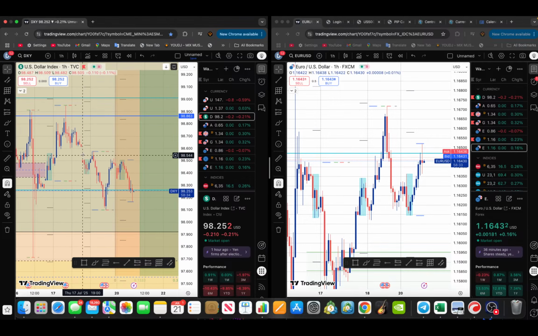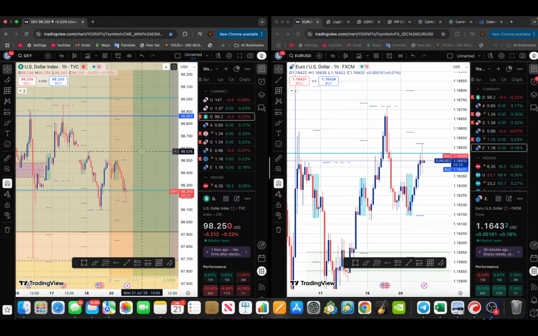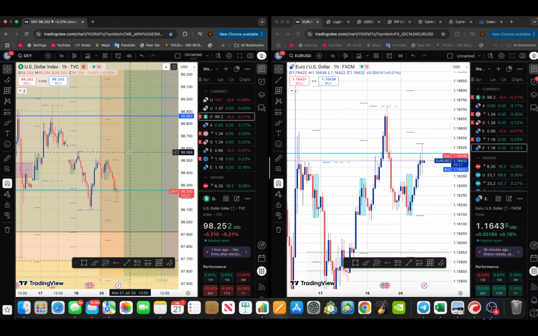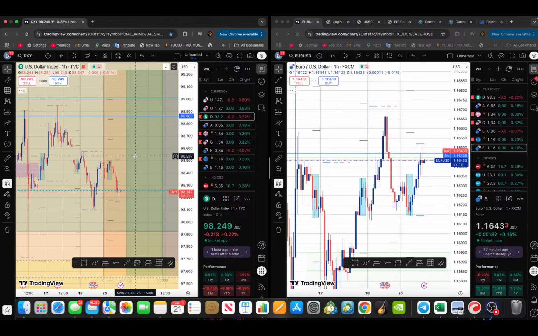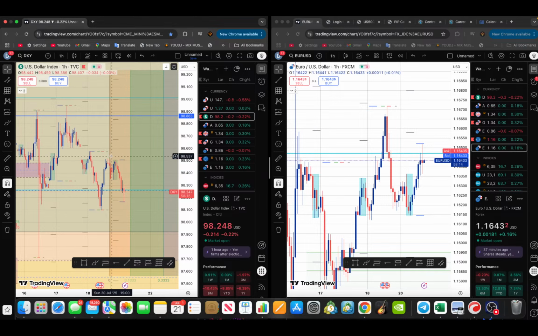But yeah, we are expecting price to come up into there originally, potentially by the green area, so potentially going to be a day of bullishness, and then here we'll potentially see the reversal.